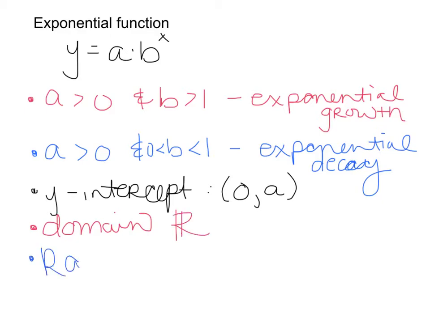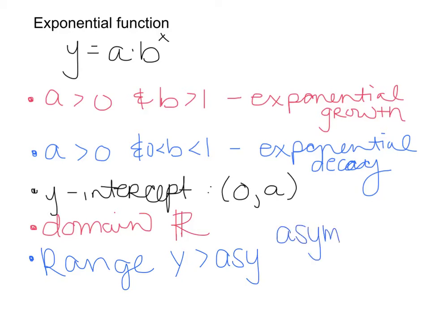The range is going to be from your asymptote, and then y is just greater than whatever your asymptote is. Your asymptote is whatever number is at the end. So for this entire section, your asymptote is y equals 0.